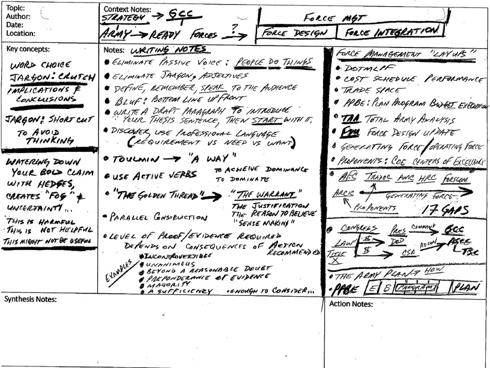I'd like you to think about the tendency to water down bold claims with hedging language. These hedges undercut the strength of our argument. They can create fog and uncertainty. Listen to the difference between these different phrases and see why word choice matters and how watering down claims can create uncertainty.